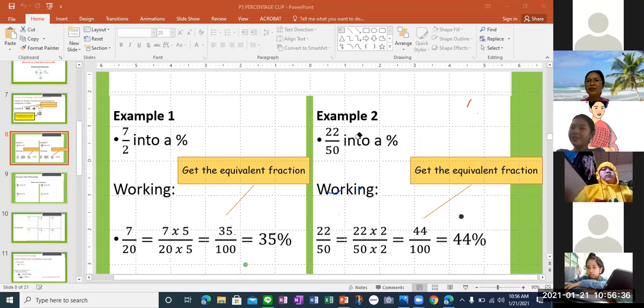Again, we are going to think of a number by which the 50 and 22 can be multiplied so that we get a 100% denominator. We need the 100% denominator so that we can convert or change the numerator into percentage.